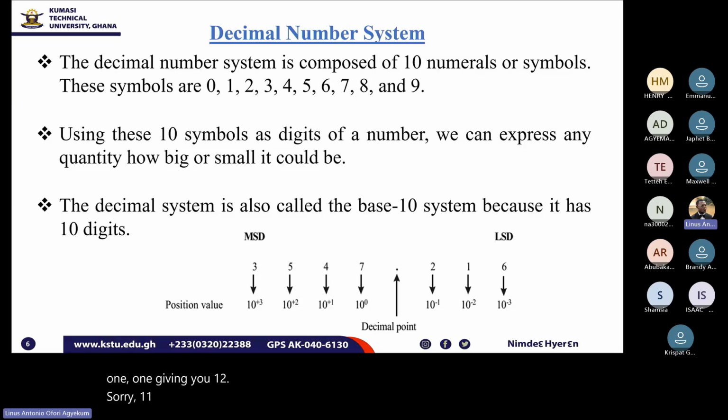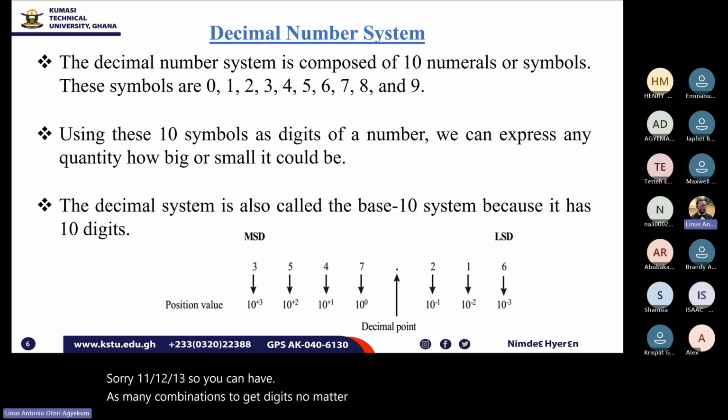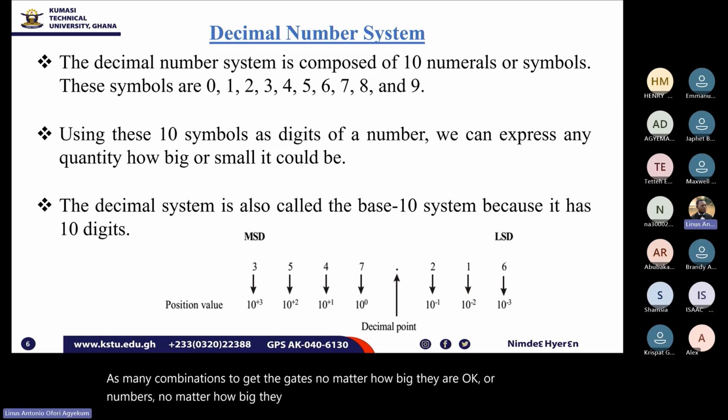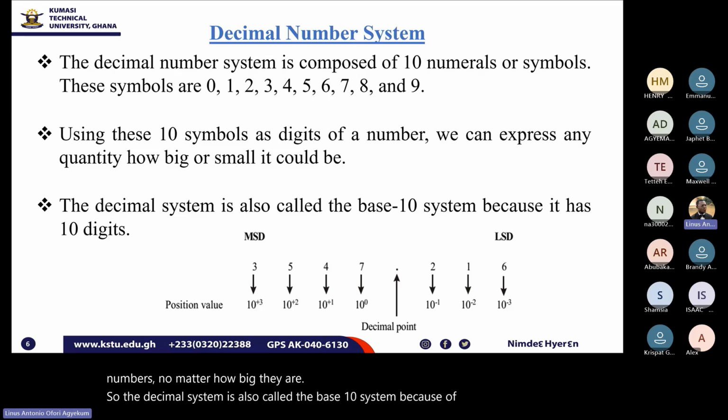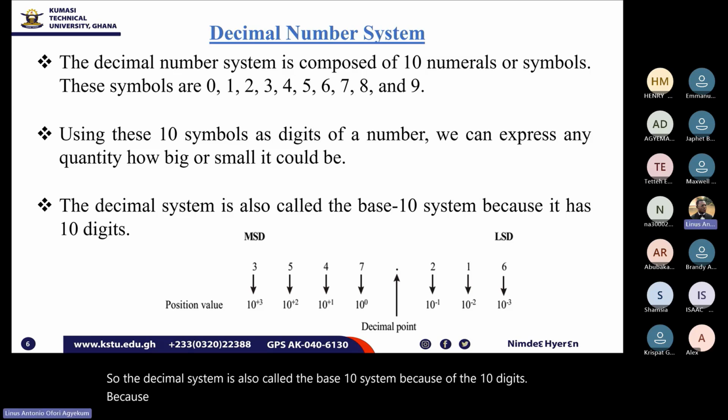So you can have as many combinations to get numbers no matter how big they are. The decimal system is also called the base 10 system because of the 10 digits.